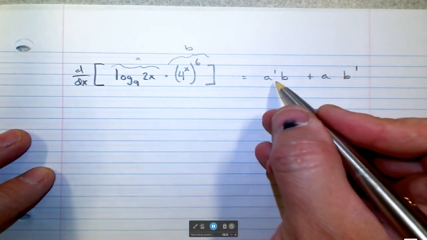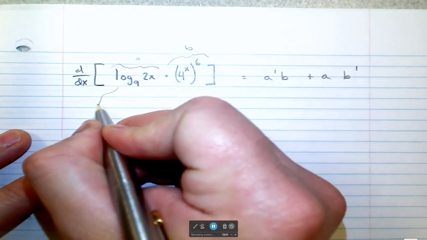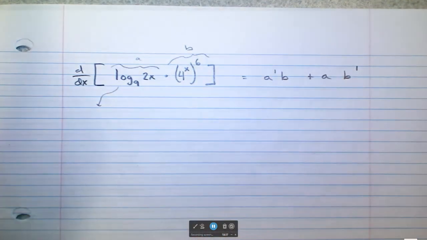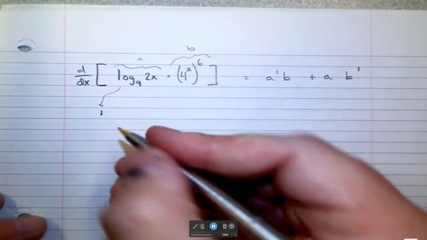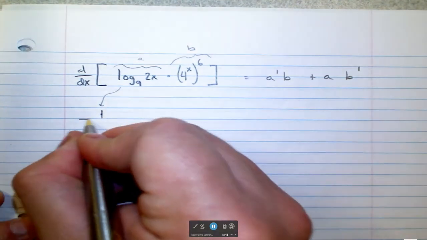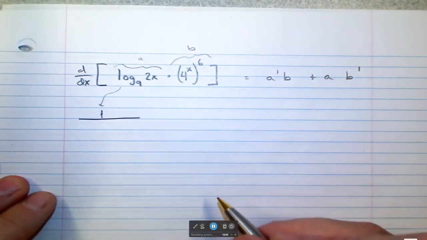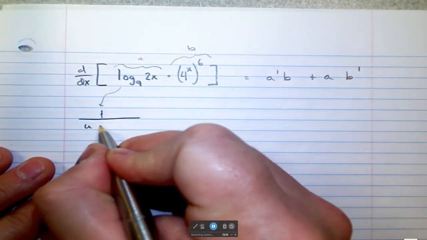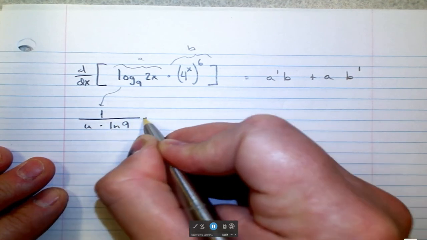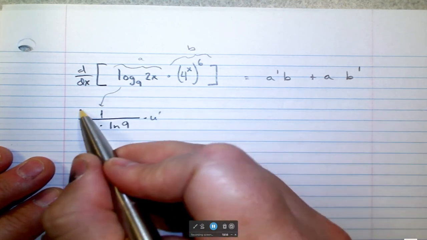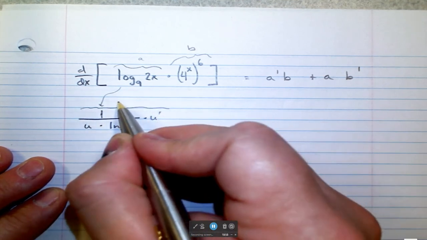Let's start with A prime. We know log A of x is 1 over x ln A, so this is going to be 1 over u times ln 9 times u prime. Okay, so that's A prime.